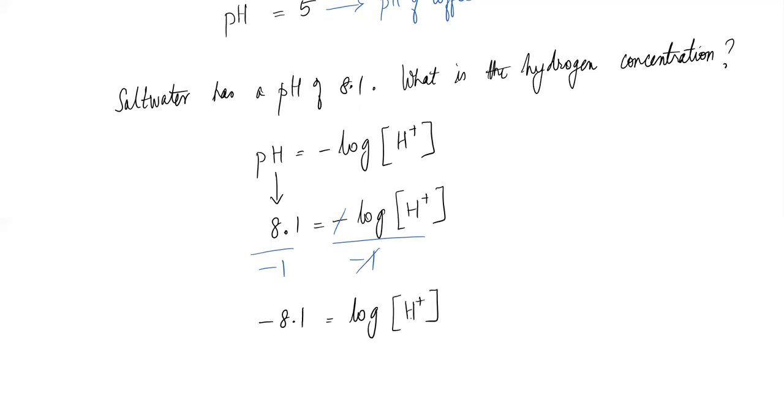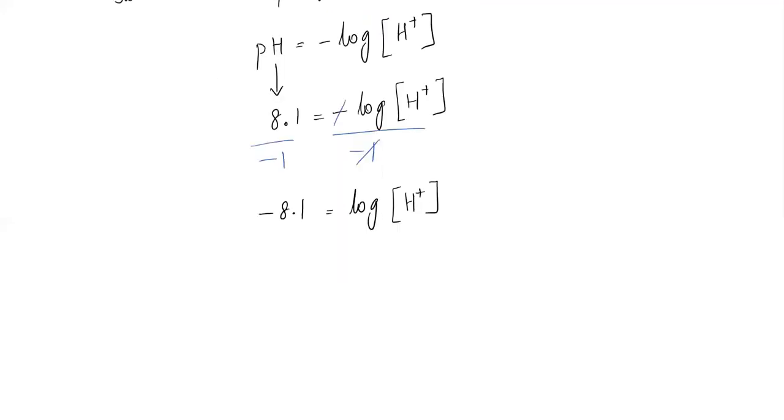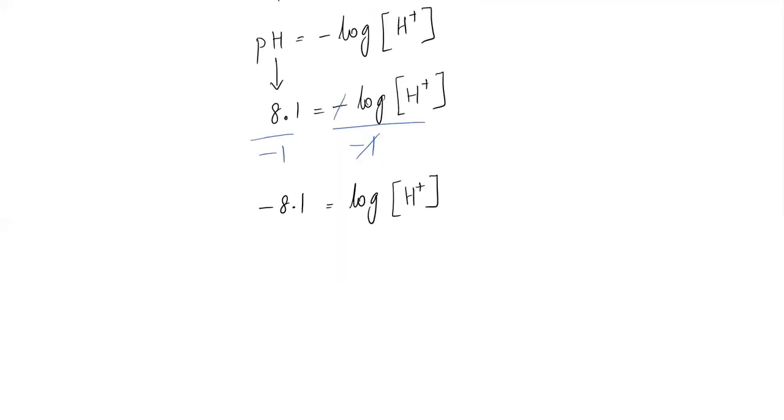And think about it. This log does not have a base, right? There's no base. That means this is a common log. And how do we eliminate a common log? What will undo a common log? The power of 10, the base 10, will undo the common log. So raise to base 10 on both sides.